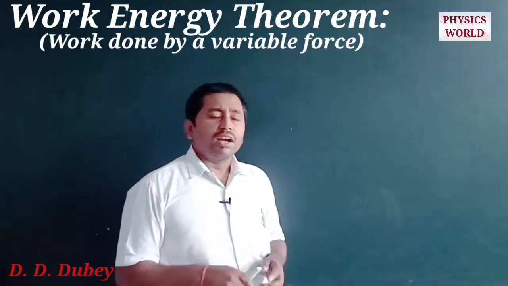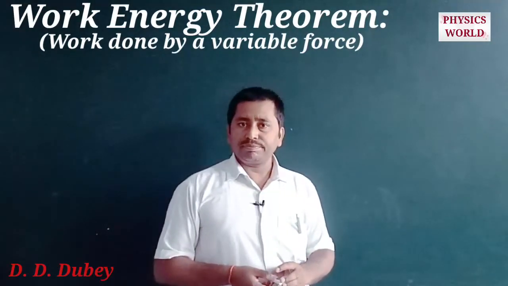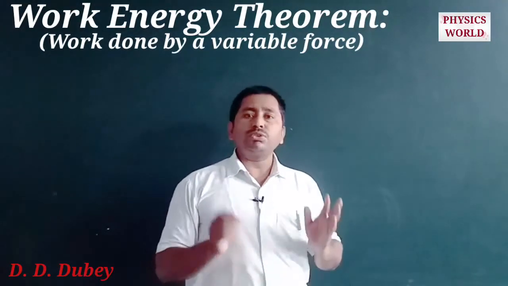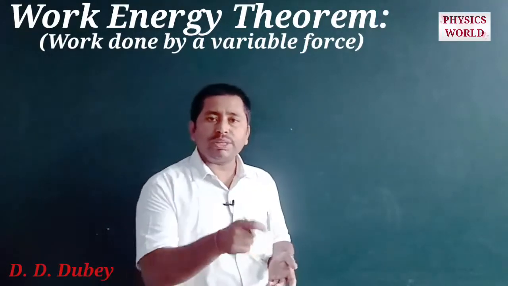Then what will be the change in the kinetic energy of the object, and what will be the amount of work done to change the velocity of the object from vi to vf?